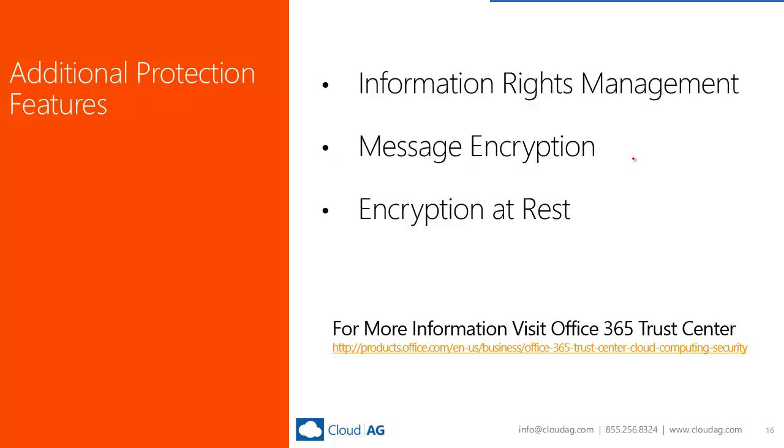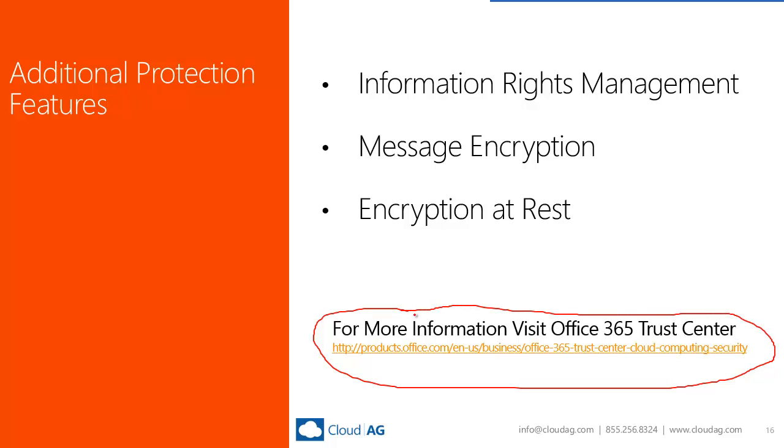There's some other encryption and protection features. We're not going to have a chance today to go through all of these. The best thing would be there is a site that's dedicated to all of these areas, as well as just Microsoft's overall strategy around privacy and data protection, and it's the Office 365 Trust Center.